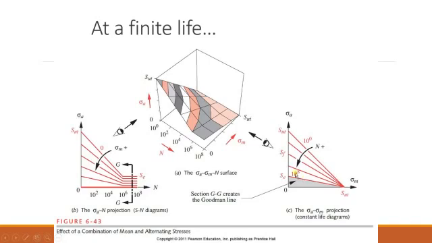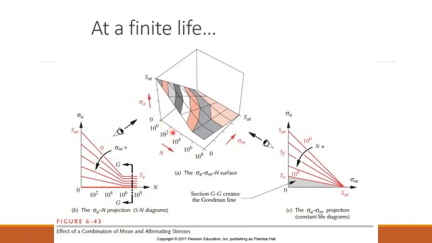As the mean stress increases, my projection of those lines is going to start decreasing. As I move from sigma m equals 0 all the way to sigma m equals the ultimate strength, these lines are cross sections of that 3D surface, and that's what they're going to be doing as sigma m gets larger.